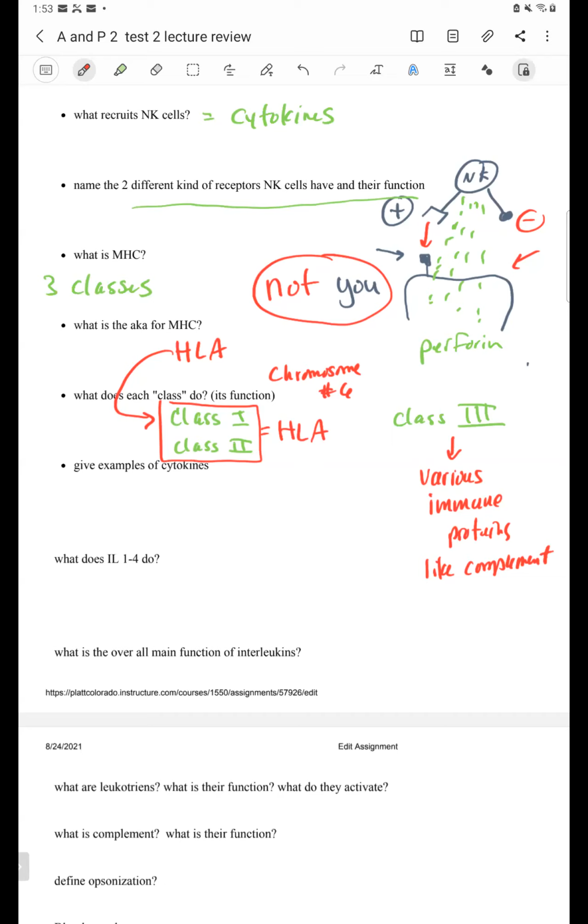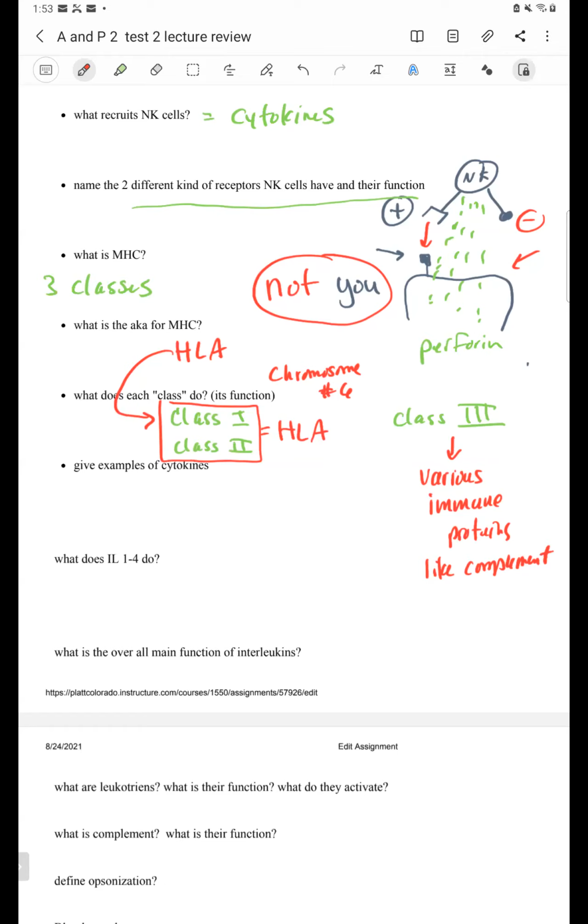Class 2 is part of the antigen presenting cell, which helps with self from not self. If the antigen presenting cell is not you, it alerts the immune system, which triggers the adaptive or specific immune response.